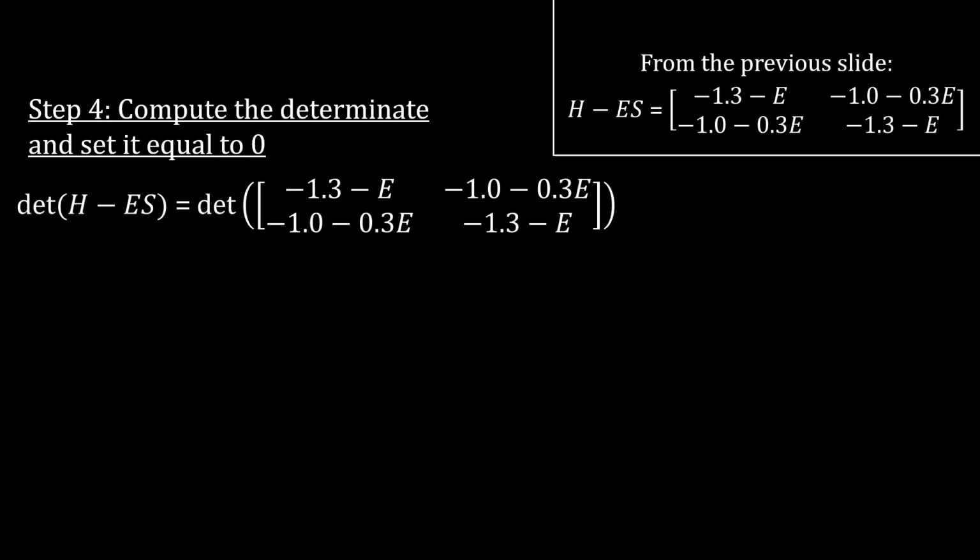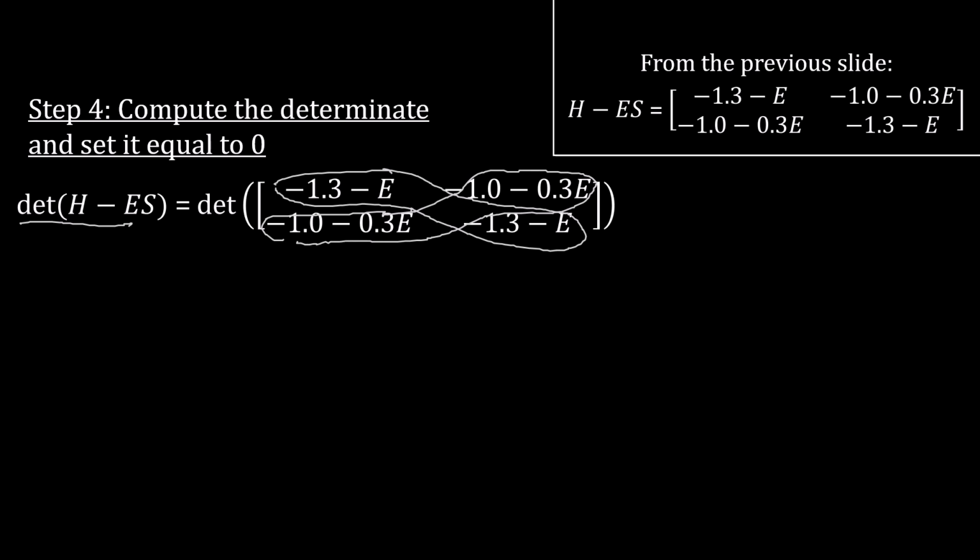So we're going to write determinant outside of it, and then basically just rewrite our matrix with DET on the outside of it to show that we're taking the determinant. To take a 2 by 2 determinant, we're going to take the long diagonal going this way and multiply those two terms together. And then we're going to subtract the terms going on the opposite diagonal.